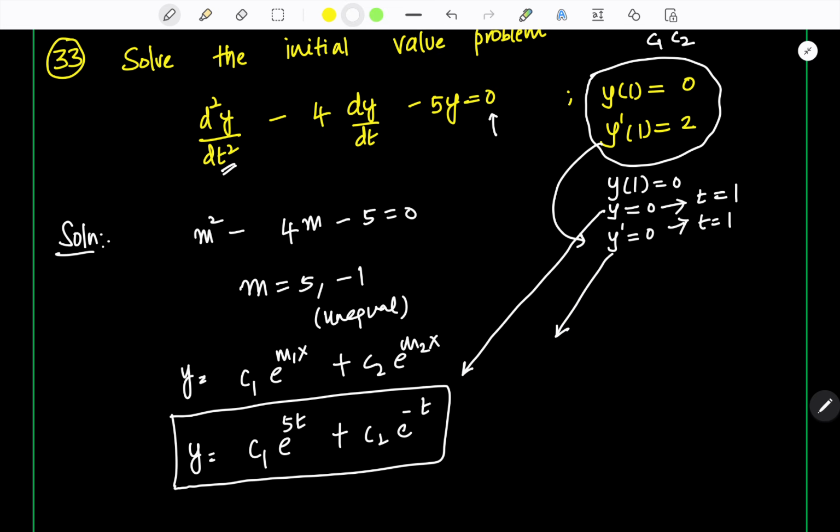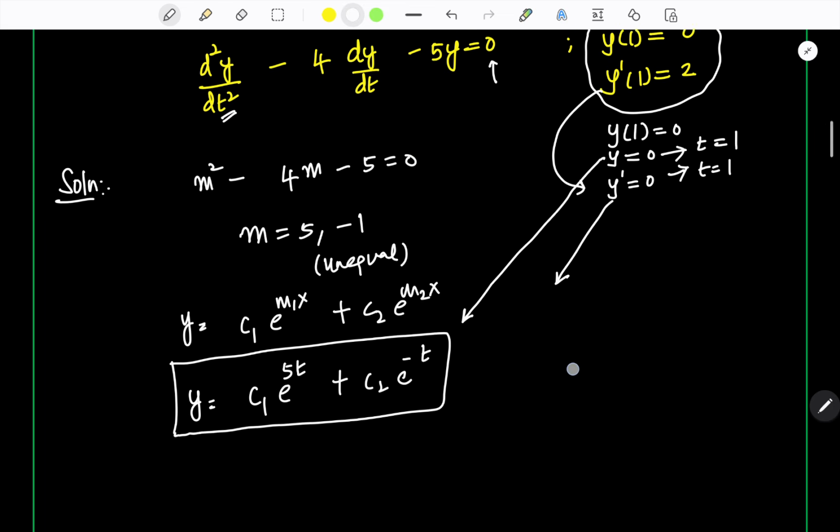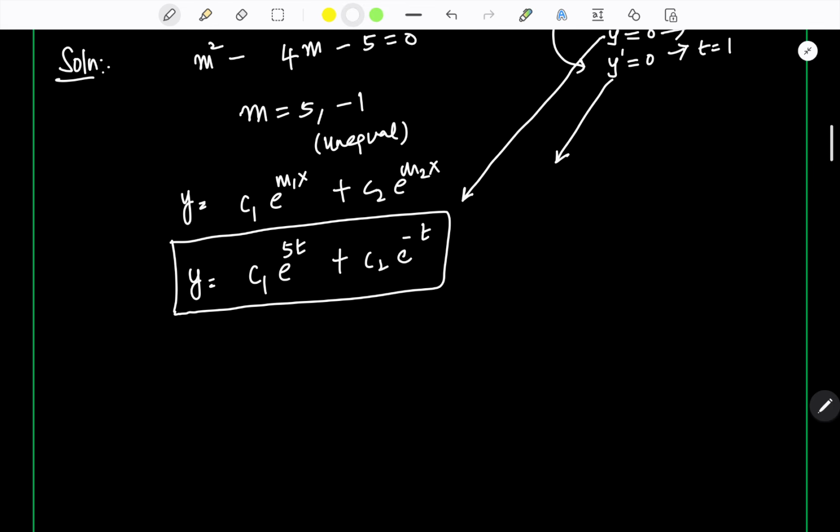So y of 1 I can substitute directly now, but y dash of 1 I cannot substitute yet, because I want the derivative. So I'm going to take the derivative of this equation, because I want to put in the second condition.